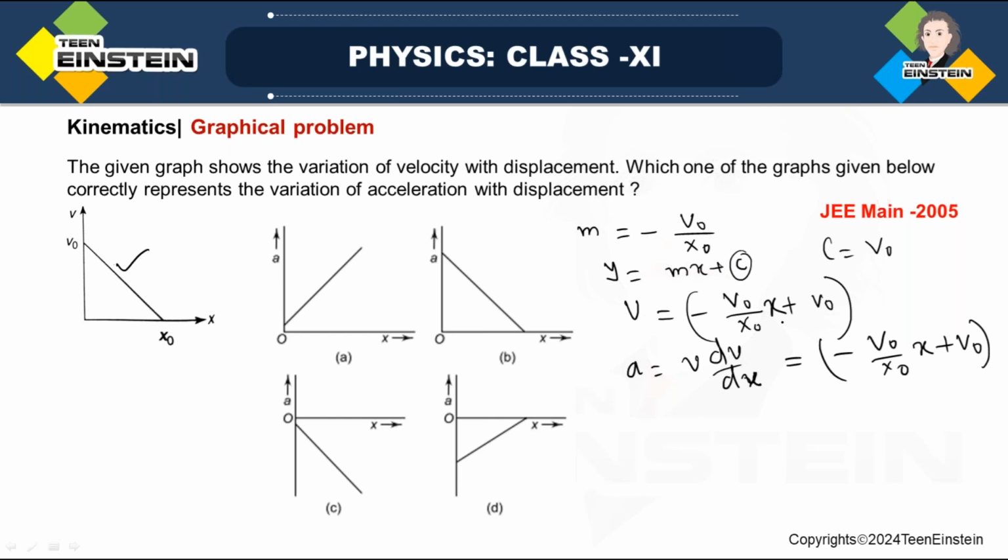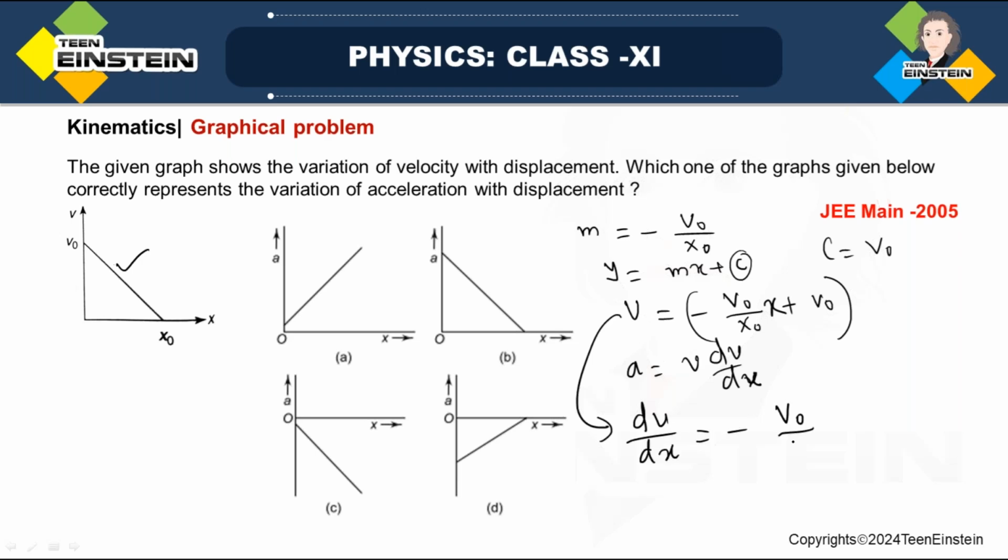I see. So here, let me just do it once again. One more step I have to do here. See, from here, if I write dv dx, what is this? dv dx is minus v0 by x0, if I just take the derivative of that.